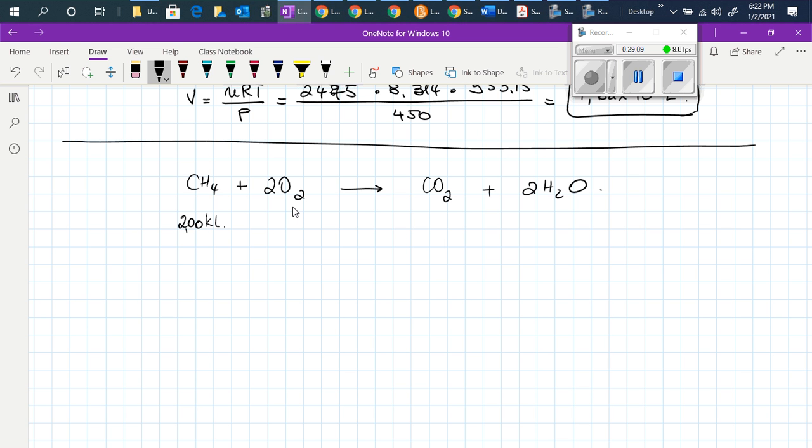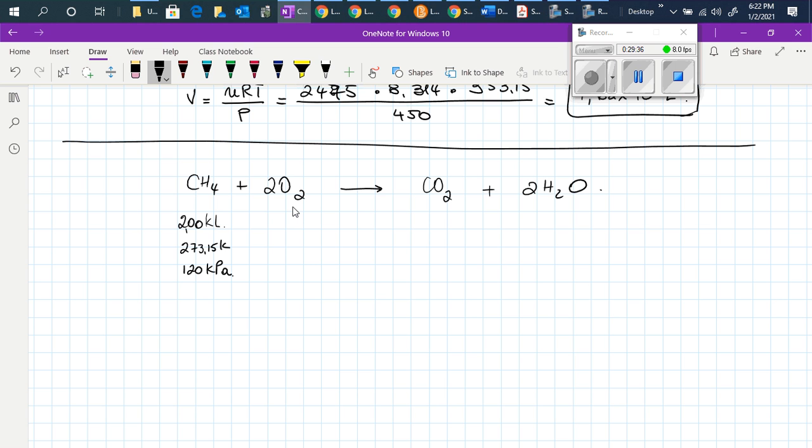Now what is given is that we have 2.0 kiloliters. You can straight go 2,000 liters of methane, but you can even do that. And then we have temperature is 0 degrees Celsius, which is 273.15 Kelvin, and pressure is 120 kilopascal.